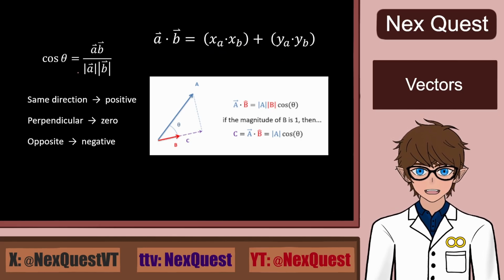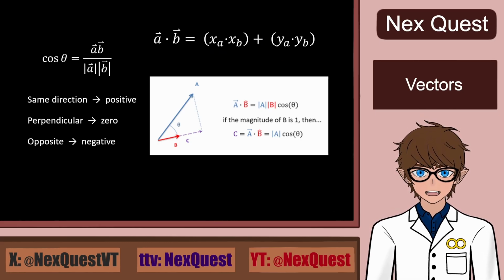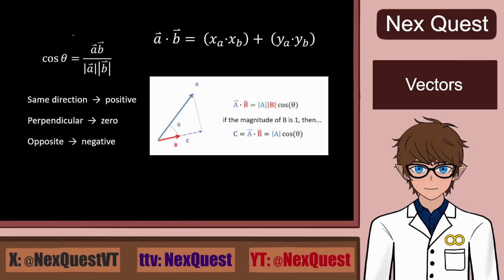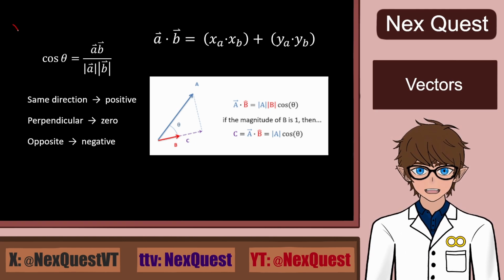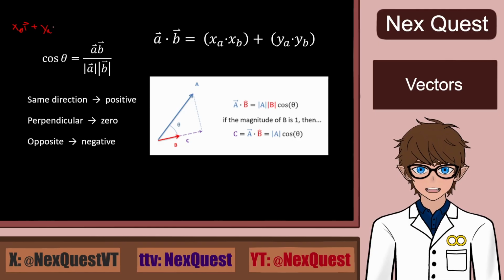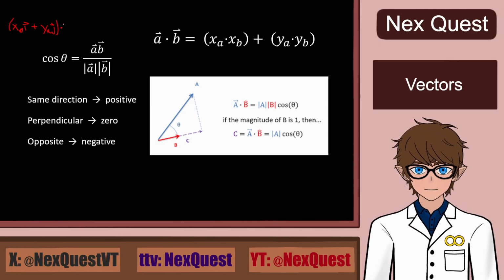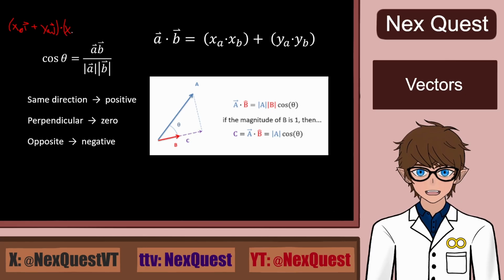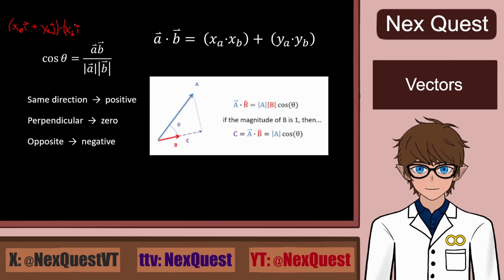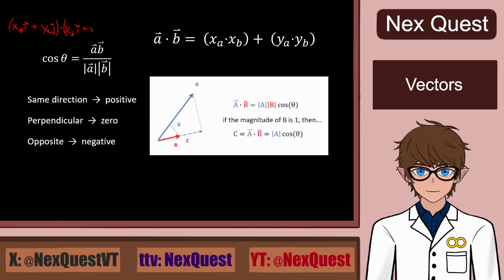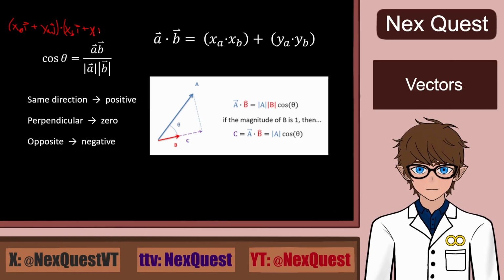Of course, there is another way to multiply them, and that is by their components. Like we said before, you can just write them out as vector components, so we have xa times i plus ya times j, times a bracket, xb i plus yb j.